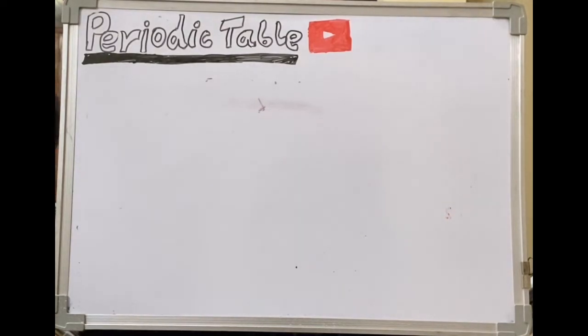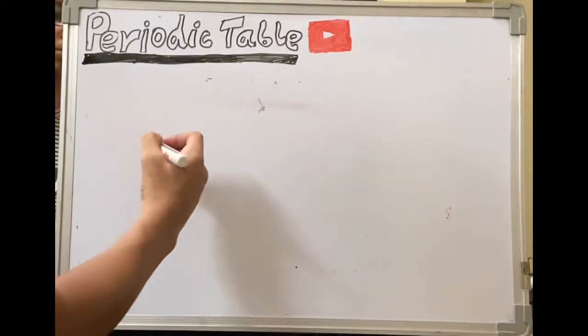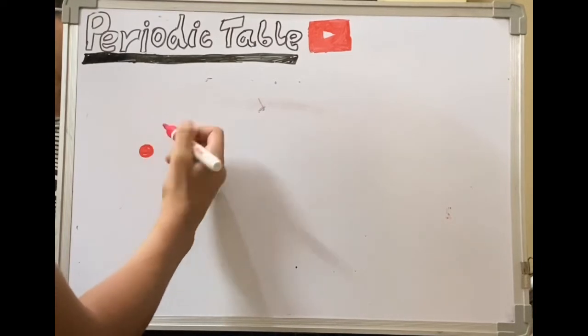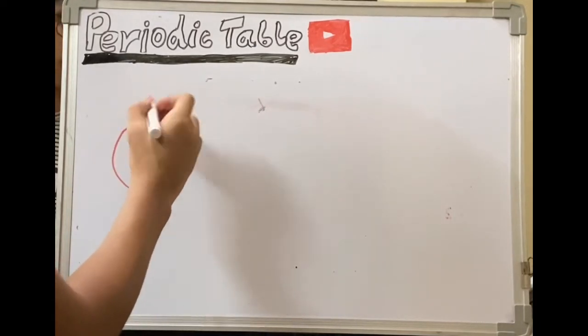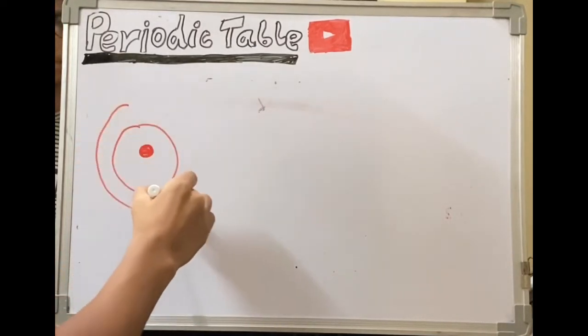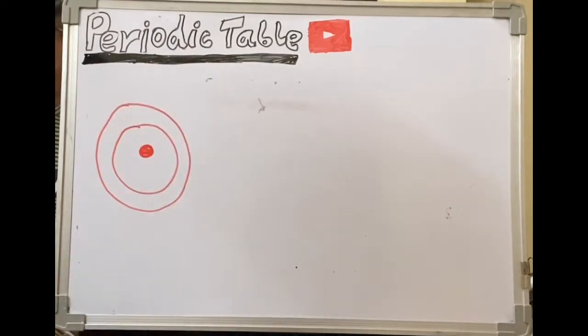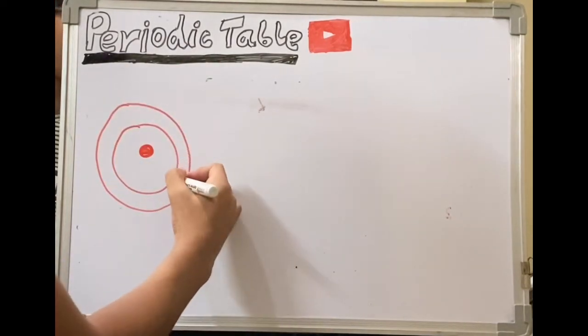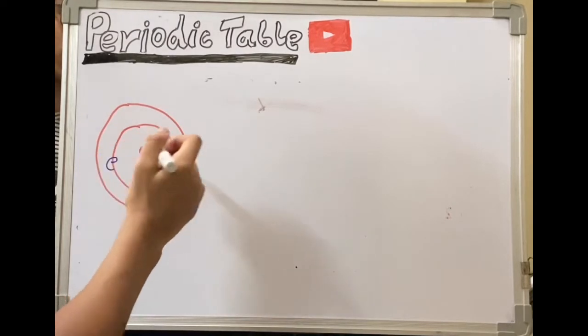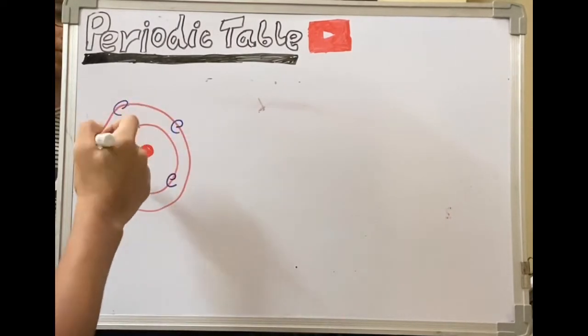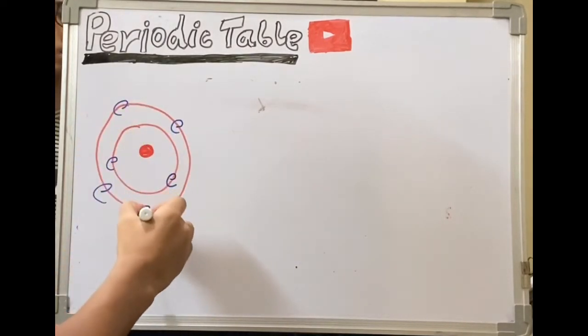So for example, if we take the nitrogen atom, the nitrogen atom is something like this, right? Five electrons in the outermost shell.